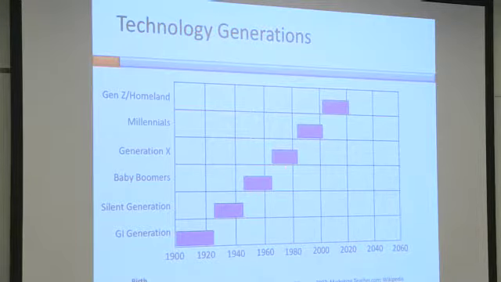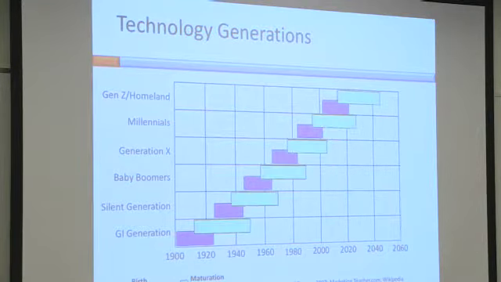Then there's the baby boomers, Generation X, millennials, and Generation Z, which are the people who are babies now. But the thing that's interesting for technology design purposes is not when they were born, but when they came of age. And what we talk about is the years 10 to 25.